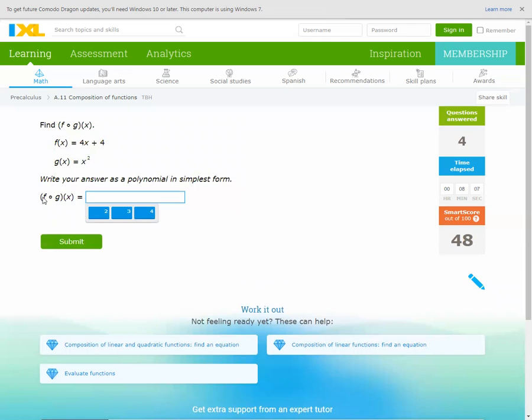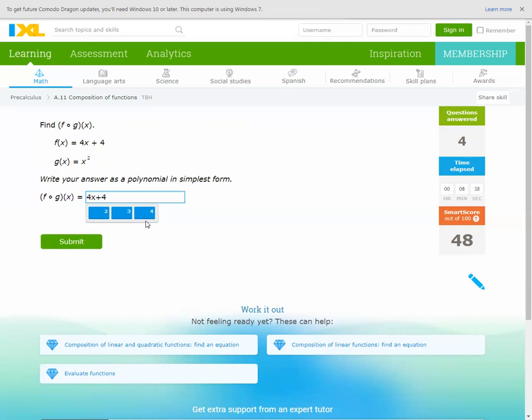Once again, he asked for f circle g. Taking x squared and putting it up instead of x. What's up? Up is for x plus 4. Okay, replacing x by g, and then making sure that instead of g, you write its rule.